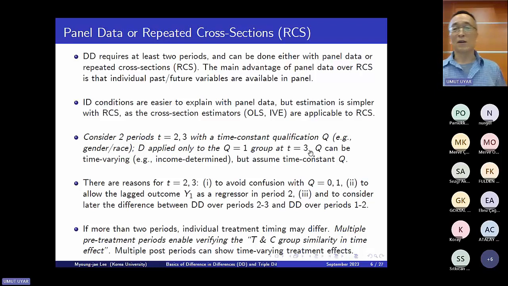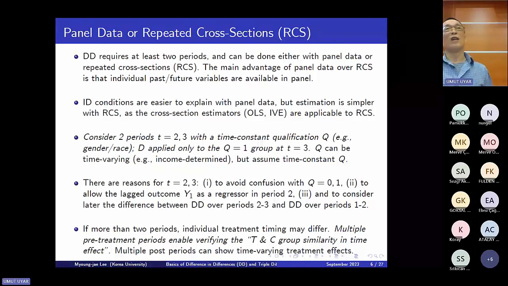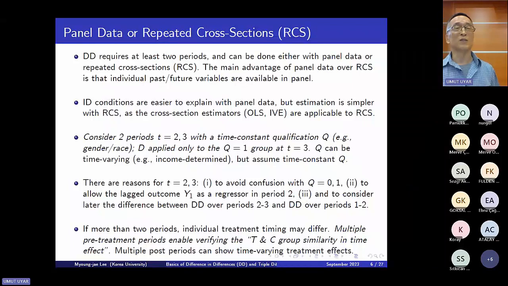In fact, this qualification variable can be time varying because many government policies are conditioned on time varying variables such as income. If your income is lower than a certain level, you are eligible for some public assistance. And in that case, Q will change year to year.